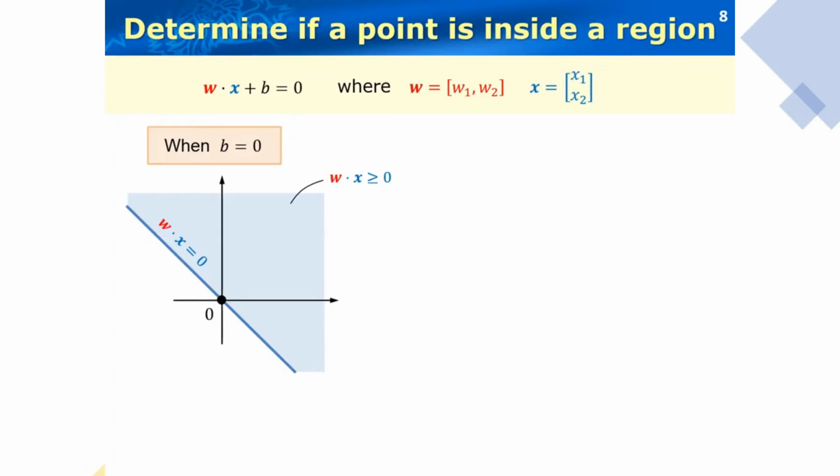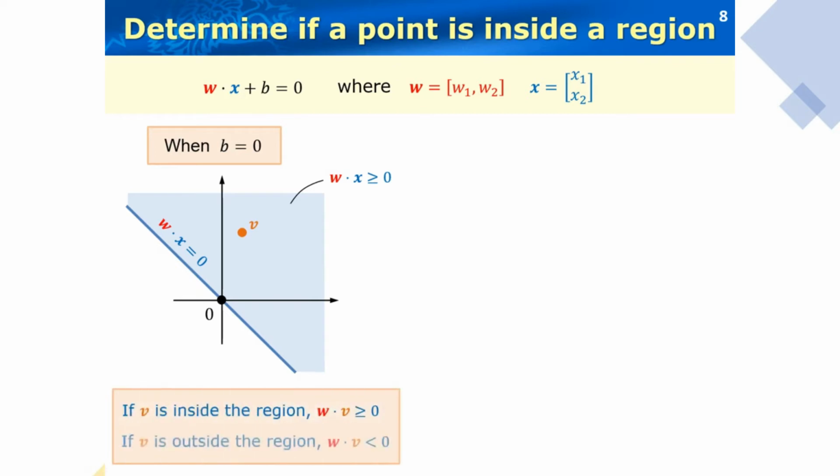Thus, if the given point v is inside the blue region, v must also satisfy wv greater than or equal to 0. Otherwise, if v is outside the region, wv is less than 0. In this example, v is inside the blue region. Thus, w dot v is non-negative. The non-negative dot product implies that the angle between w and v is less than or equal to 90 degrees.